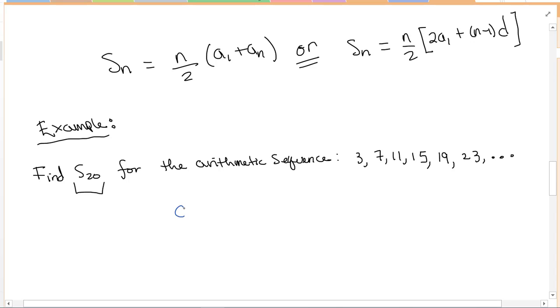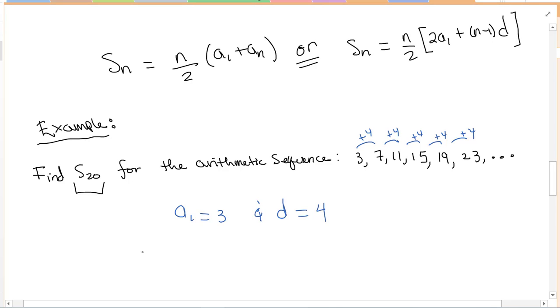We know a sub 1 is 3, the first term, and I can figure out the common difference. How do I find the common difference? Well, do 7 minus 3, so that's 4. And then just make sure that it stays the same. So if we add 4 every time, it looks like that's working.